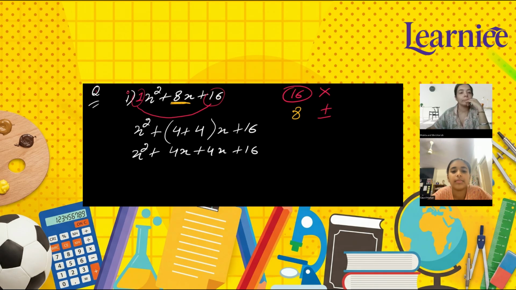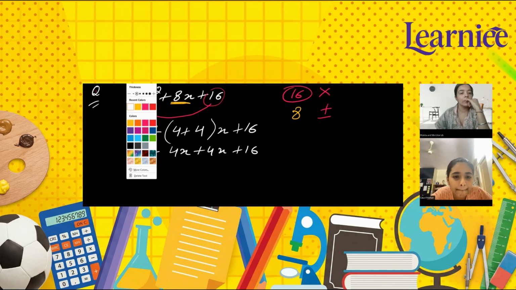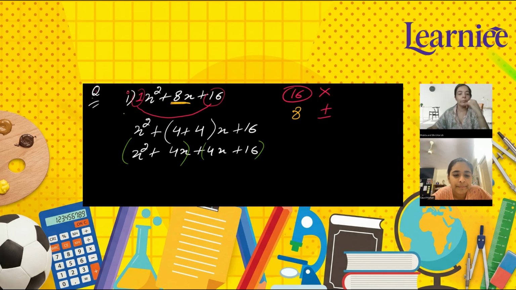Got it? Now you have to take common factors out. We will be grouping them into two values. So what is the common value in the first two values? X. X with how much power?